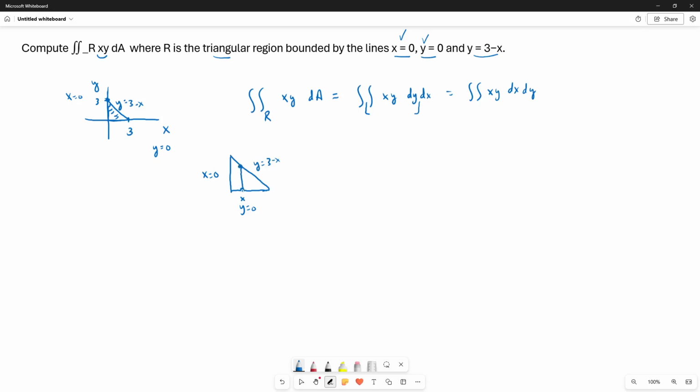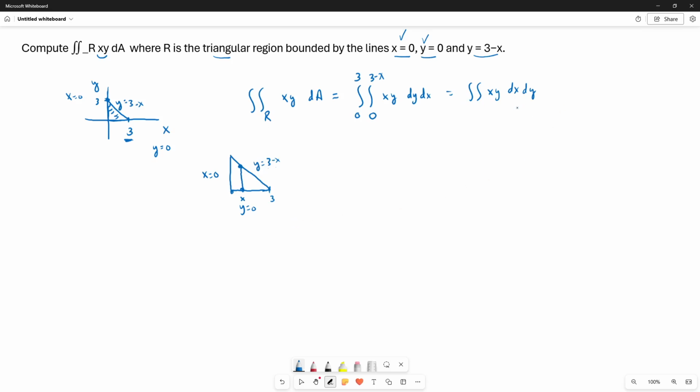So the y coordinate at the bottom is 0, and the y coordinate at the top is 3 minus the x coordinate. So the y is going to go from 0 to 3 minus x. And then the x can range from 0 to 3. This number here was 3. So the x goes from 0 to 3.